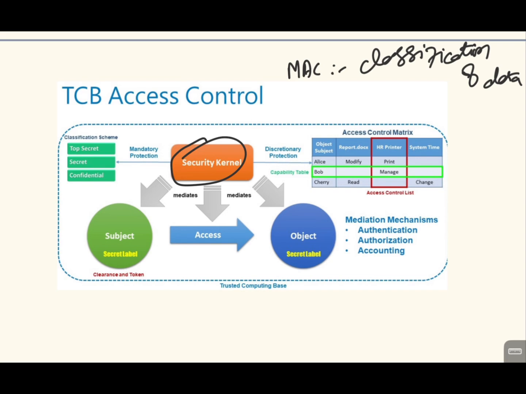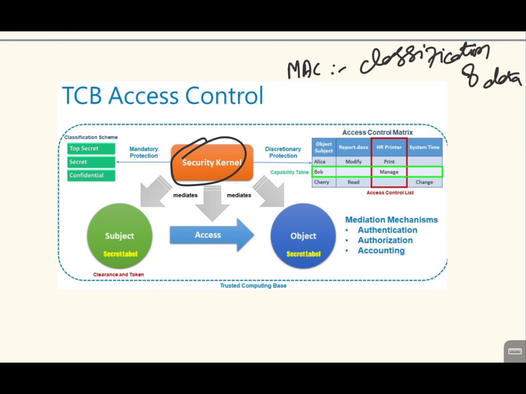So how does the subject object security label work? Both the subject, which could be a user or process, and the object, which could be a resource, have a security label.